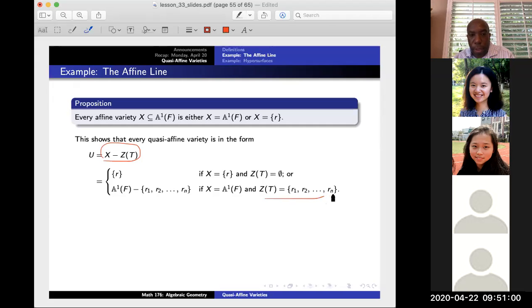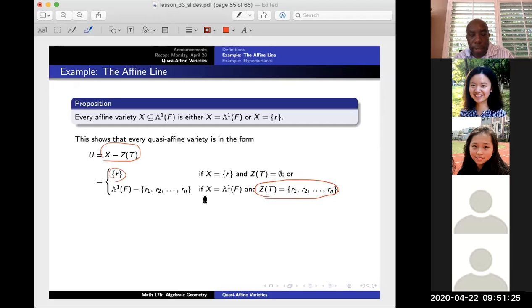Essentially they're going to look like a finite number of points. So if you piece all of this together, either you'll have exactly 1 point. This will be what happens if X is 1 point. But then in this case, Z of t only has two possibilities. Either Z of t is 1 point or Z of t is the empty set. If Z of t is 1 point, then U would have to be the empty set, which can't happen by definition.